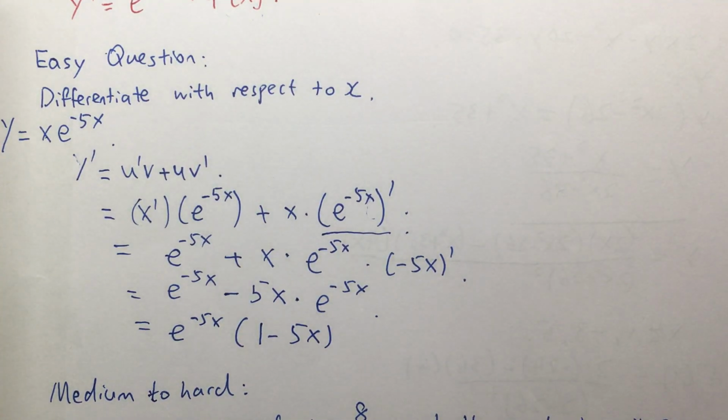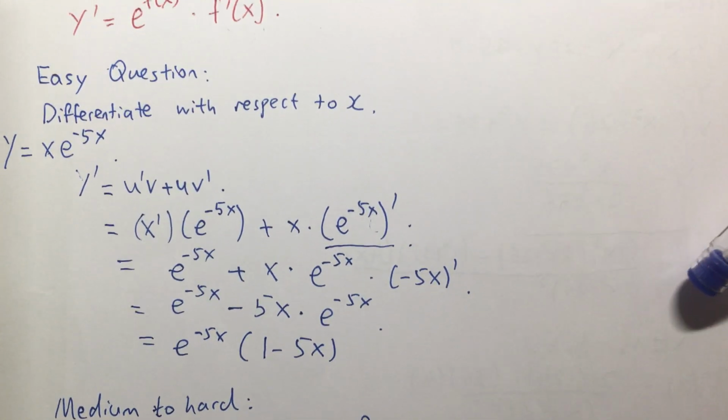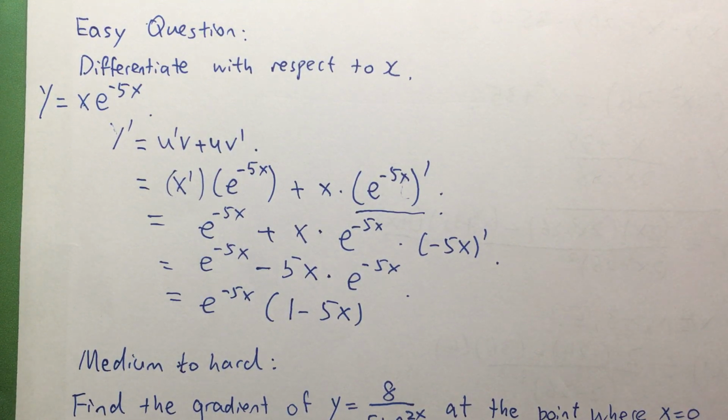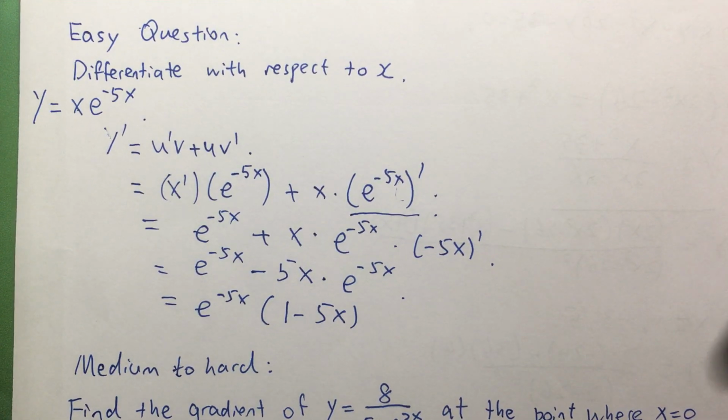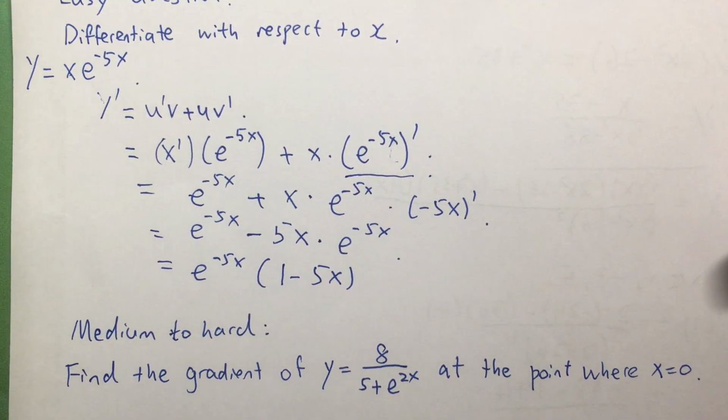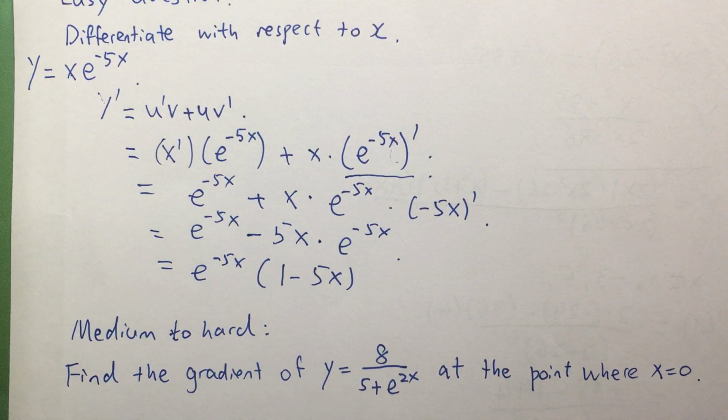And we solved it. This question is not very easy because you need to apply the product rule as well. If you are not familiar with the product rule, you can go back to my videos and check as well.